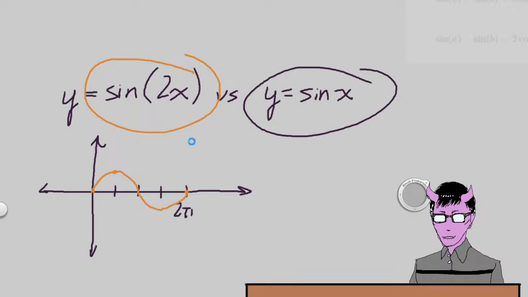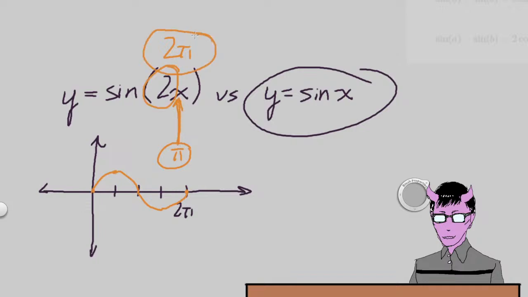However, for this function here, in order to reach the reset value of 2 pi, we don't put 2 pi into here anymore, because we have a modifier of times 2. We're twice as fast. So what that means is you only need to put in just a regular pi, because if you put in just pi, it's going to be multiplied by 2, which takes us to the reset value. So again, we're twice as fast because of this modification.